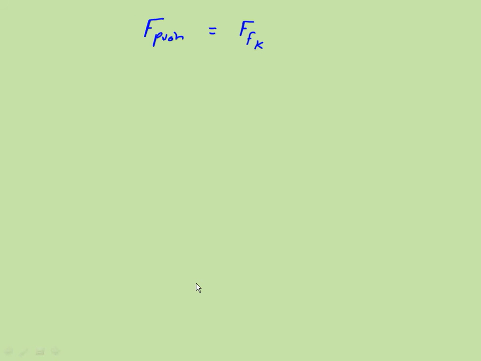Well, that kinetic frictional force is equal to the coefficient of kinetic friction of wood on wood times the normal force. Remember, your normal force is weight, m times g. So we're trying to solve for the frictional force.